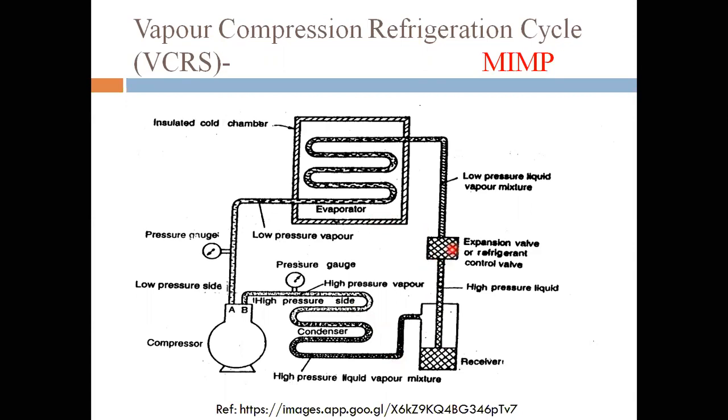In the expansion valve, this high pressure liquid is converted into low pressure liquid. In the expansion process, a certain amount of vapor is formed. So we get a low pressure liquid and vapor mixture, but the amount of vapor is very less, so the majority portion is low pressure liquid.